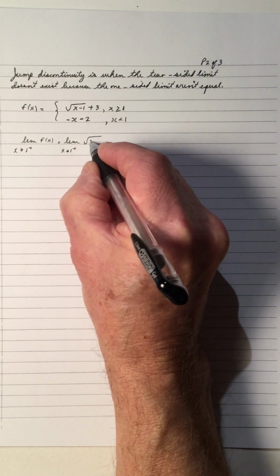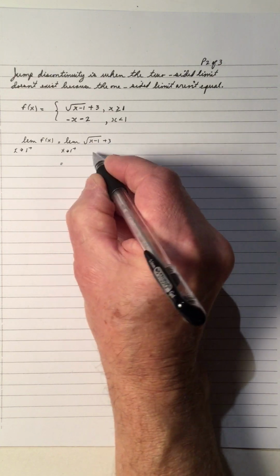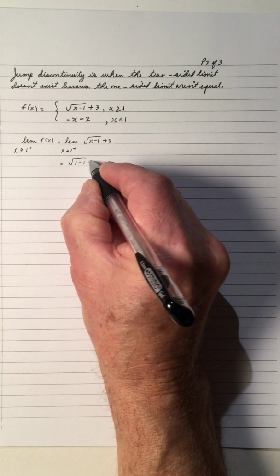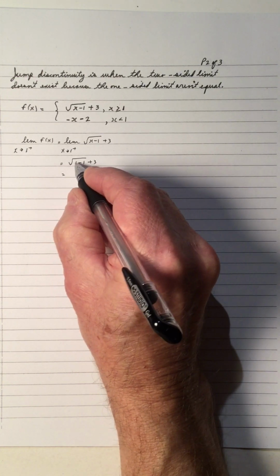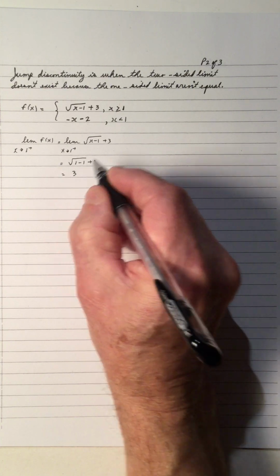That limit is the square root of x minus 1 plus 3. We put a 1 in: the square root of 1 minus 1 plus 3. So 1 minus 1 is 0, the square root of 0 is 0, so that becomes a 3.